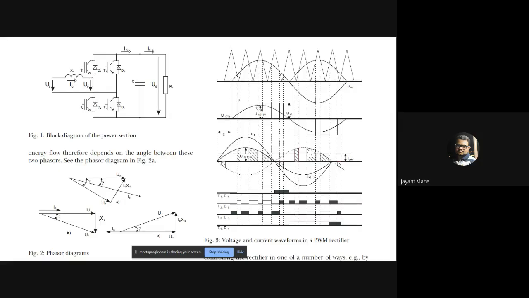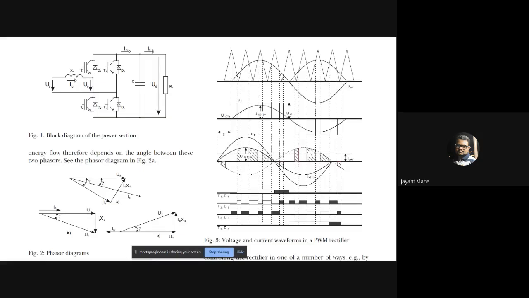Then to change the amount of DC voltage, we have to change the duration of these pulses. And to change the duration of these pulses, we have to change the duration of gate pulses. So these are gate pulses. Okay. So that is what the pulse width modulation is.